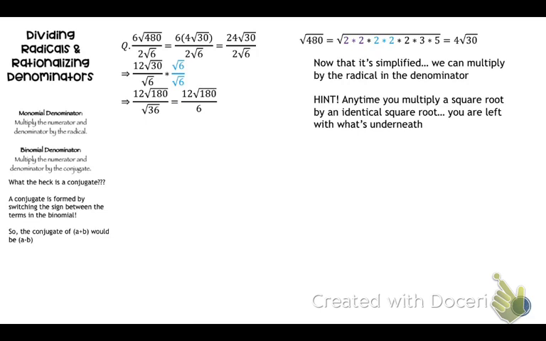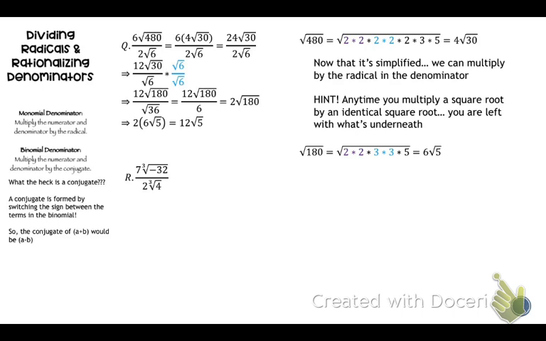We did that on purpose. 12 over 6 simplifies to 2. But now let's make sure that this 180 is broken down as far as it can go. So that's 2 times 2 times 3 times 3 times 5, which is 6 square roots of 5. So that's 2 times 6 square roots of 5, which is 12 square roots of 5. Okay? Let's do this one.